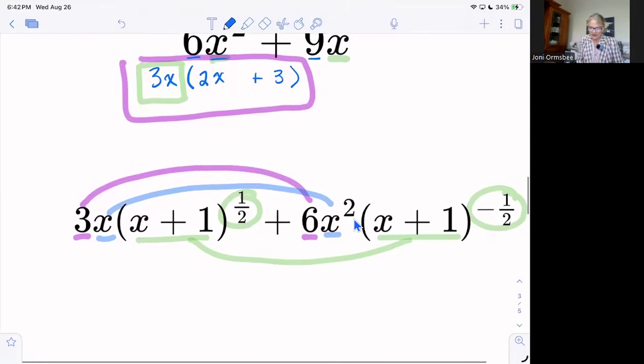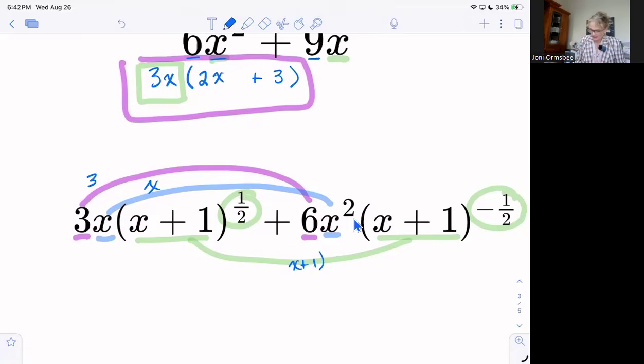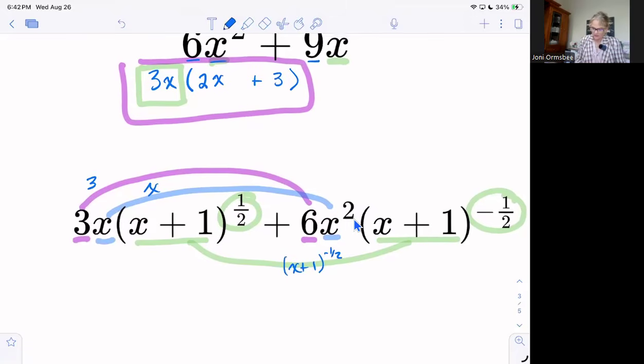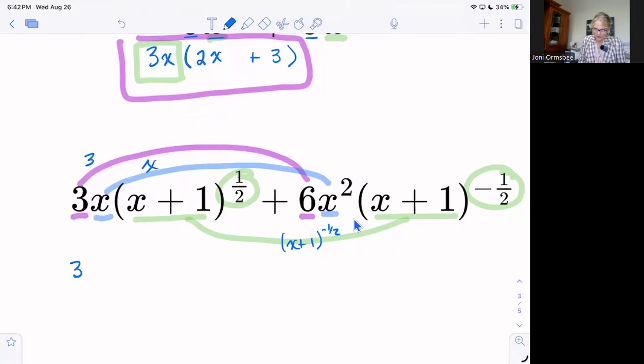So we're going to factor out a common 3, a common x, and a common x plus 1 to the -1/2. All right, so let's do that. So we factor out a 3, and in the first term we're left with just 1, and we don't need to write 1, it's understood. Then we're going to factor out an x, and so we're left with just a 1 there.